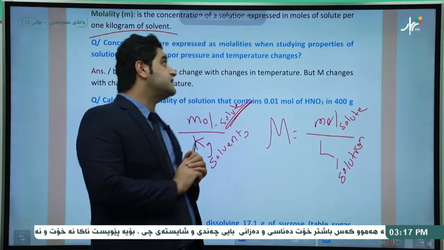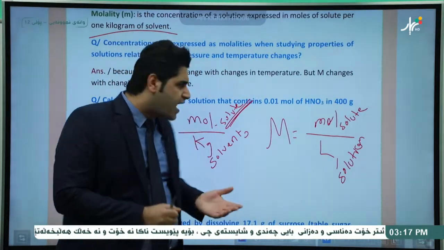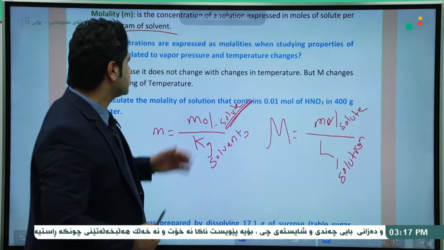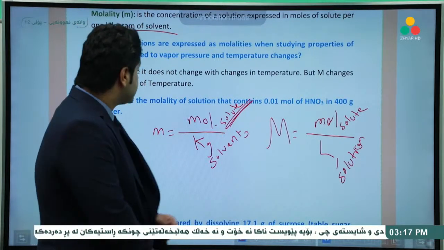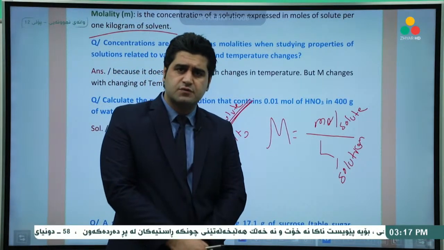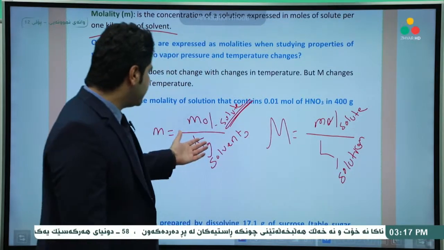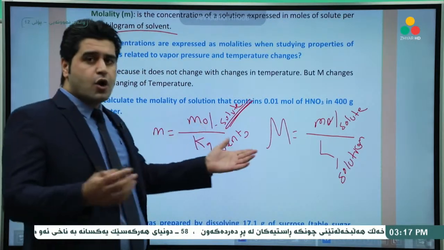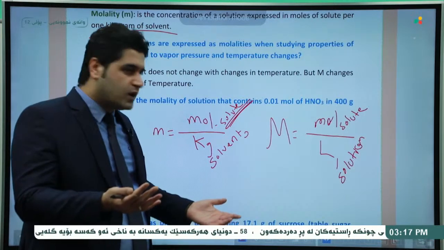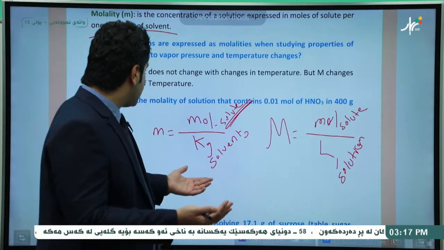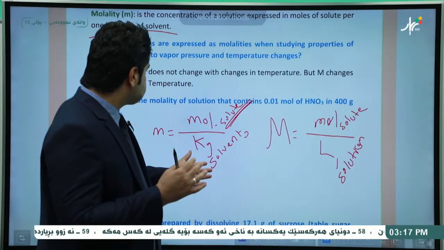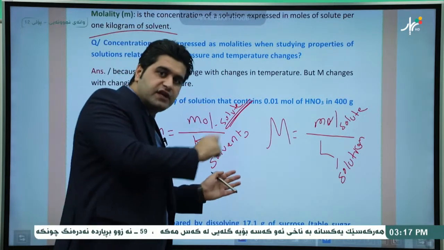So what's the deal? Why do we have two different expressions for the concentration? What's the difference between them? What is the benefit of them over each other? How can we find out the good point of each of them?